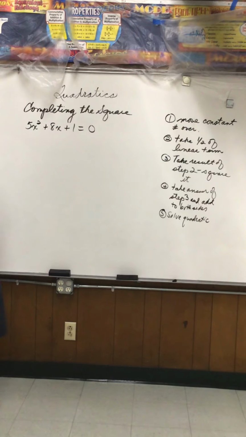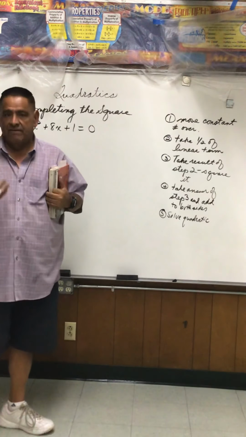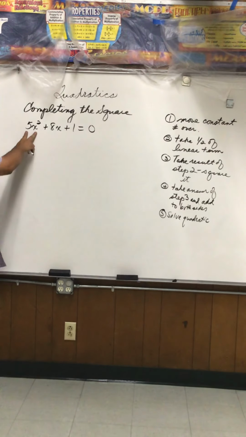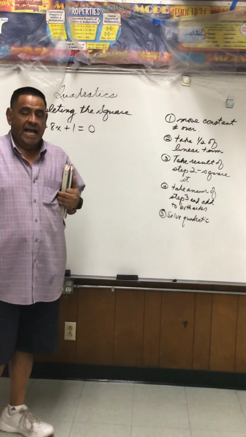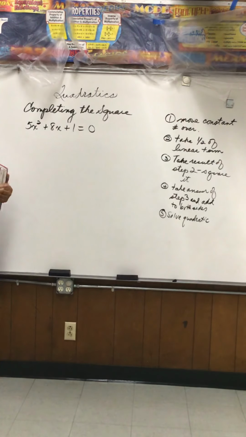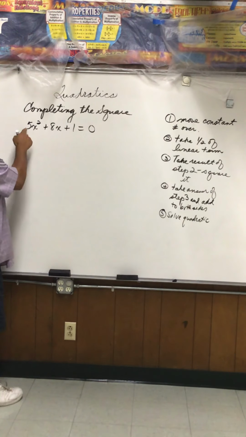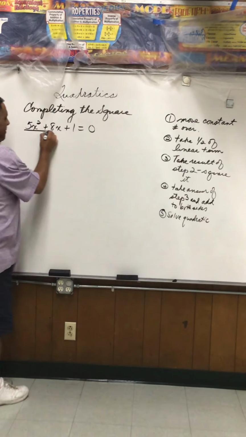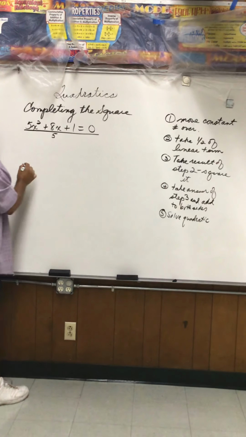If you've noticed, all the other quadratics that I've given you, the coefficient of the quadratic term has always been 1. It has to be 1 in order for you to complete the square on that, okay? So in order to eliminate this, because I want it to be 1, I'm going to divide everything by 5.